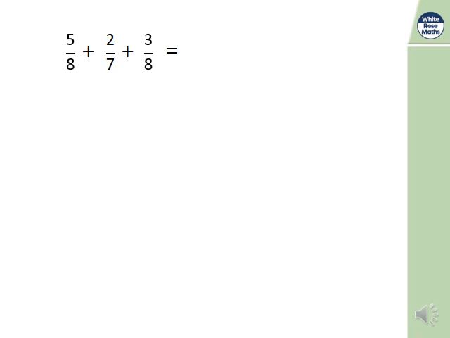Let's have a look. If you noticed, if you had your 8ths, your 5/8 and your 3/8 and you added them together, what would you get? You would get 1 whole, 8/8. So now we have 1 whole and 2/7. And that answer is 1 whole and 2/7.